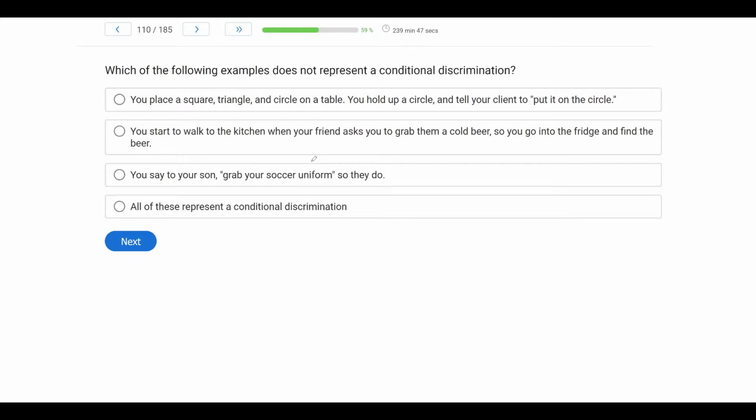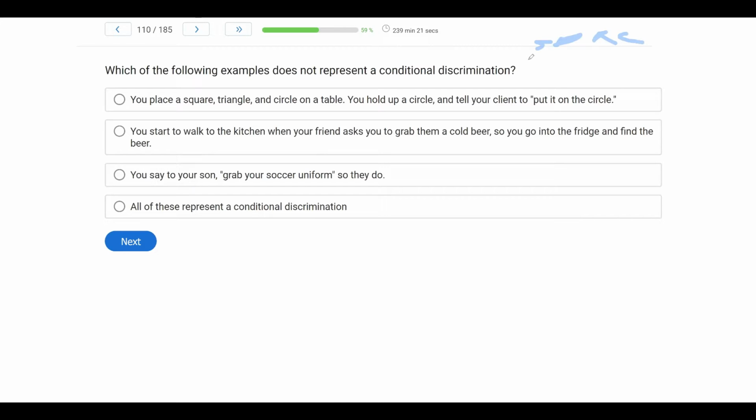Which of the following examples does not represent a conditional discrimination? Now, if you watched our recent task list series video, we went over conditional and simple discriminations. With discriminations in ABA, we're simply identifying or choosing or working between different stimuli. So we don't want to make it more complicated than it is. When we talk simple discriminations, we're typically talking a three-term contingency with an SD, a response, and a consequence.